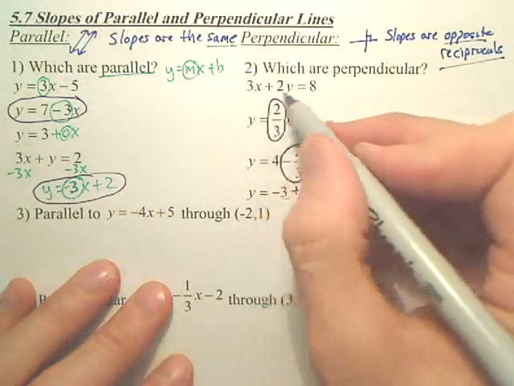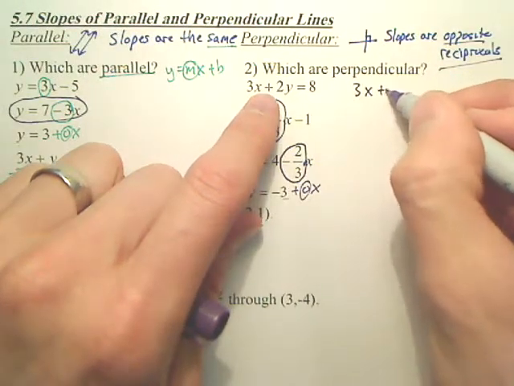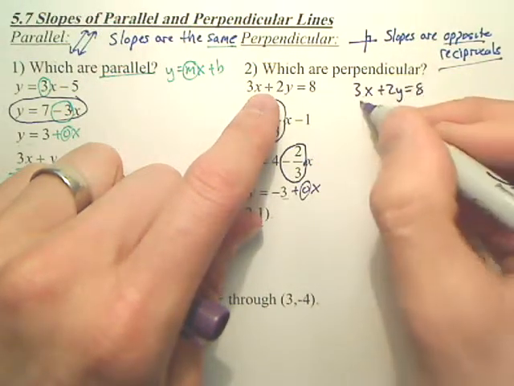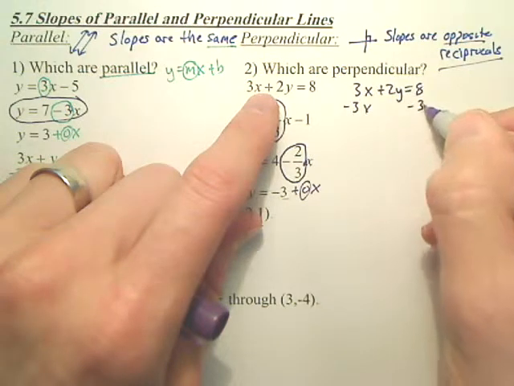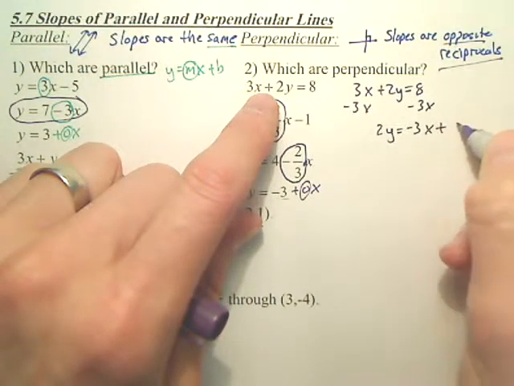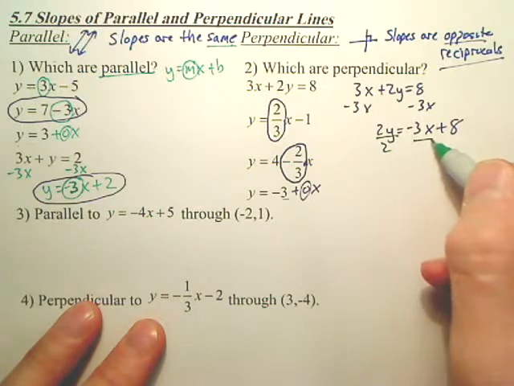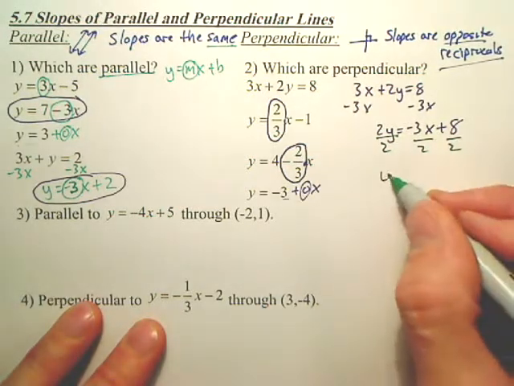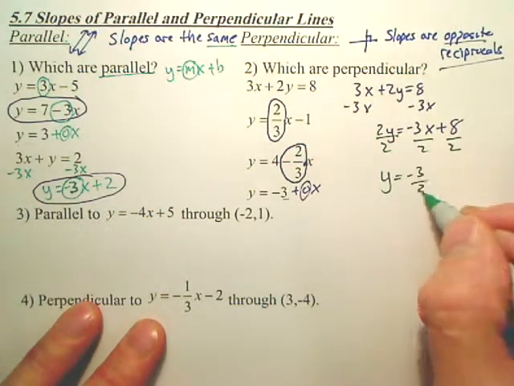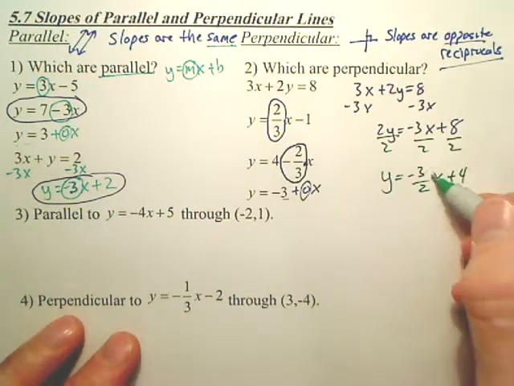But let's change this one and see if it matches one of these. So if I rewrite this one, I'm going to minus the 3x over. Then what do I do next? Divide by 2. Isn't that the slope right there?